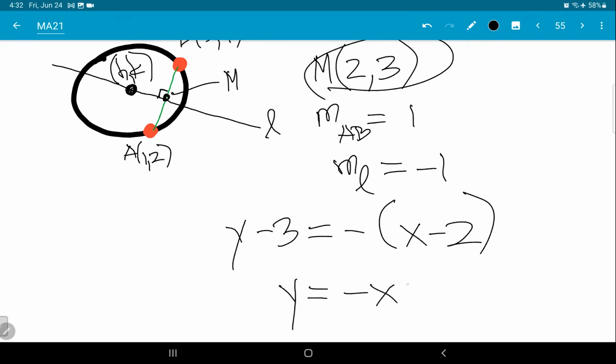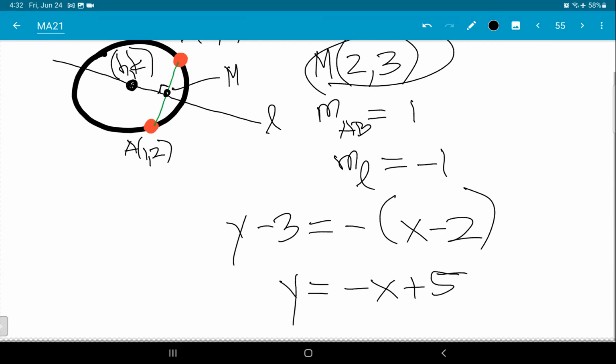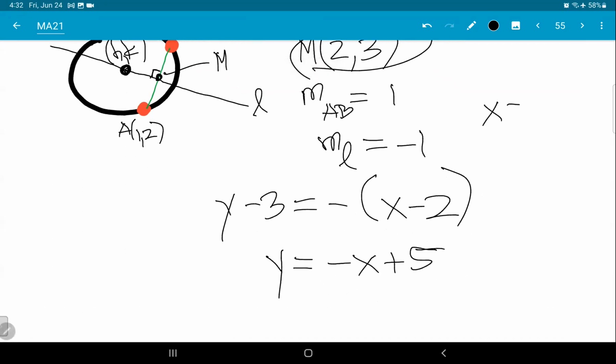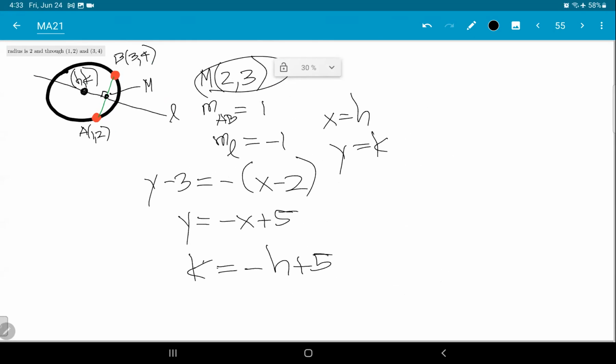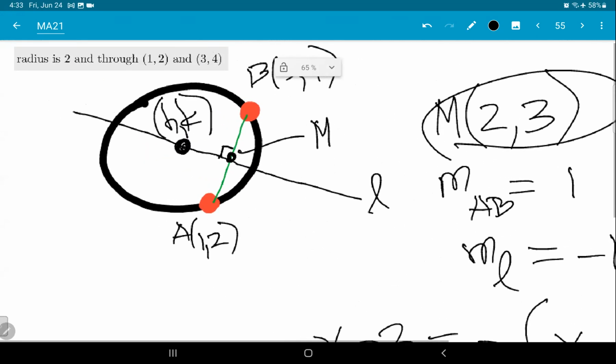So plus 2 plus 3. Which tells us that the center is on this line and thus will satisfy its equation, di ba? (h, k). k equals negative h plus 5.